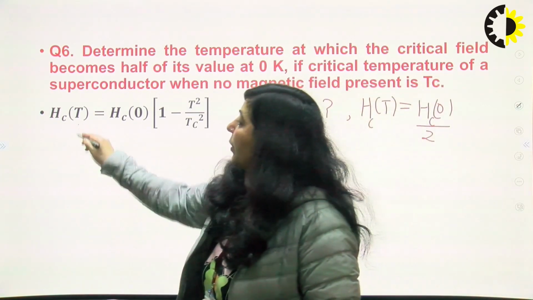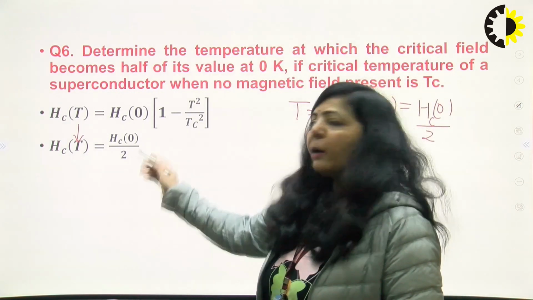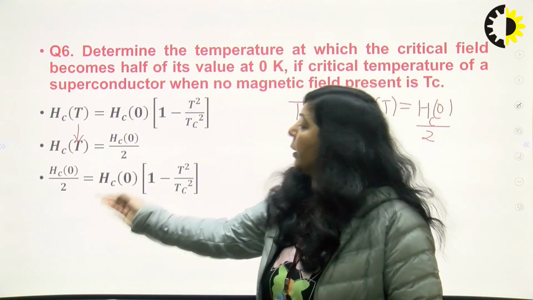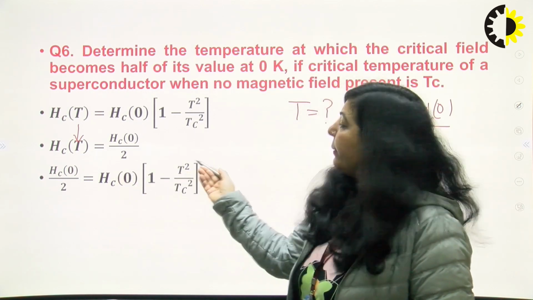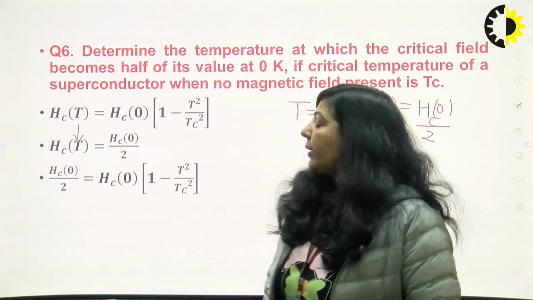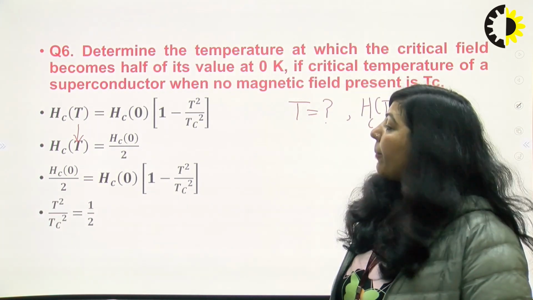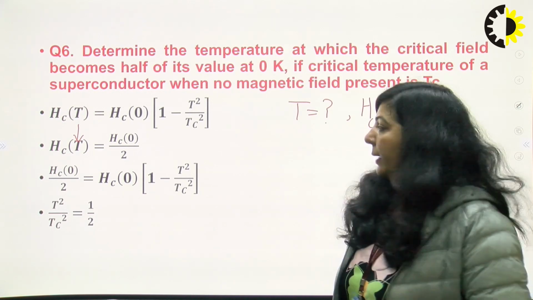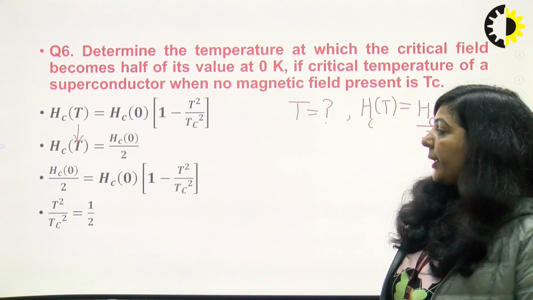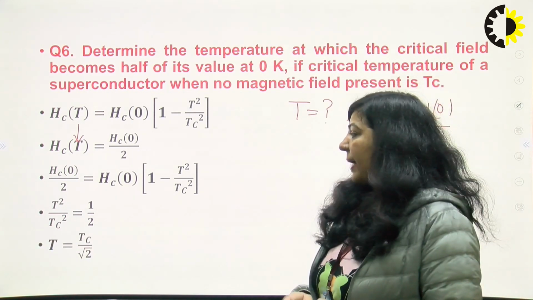Now you substitute this HC(T) as HC0 upon 2. So it will be HC0 upon 2 equals HC0 into 1 minus T² upon Tc². The HC0 will get cancelled and you will get T² upon Tc² as 1 by 2. Our aim is to find the temperature at which the critical magnetic field is half of its maximum value.